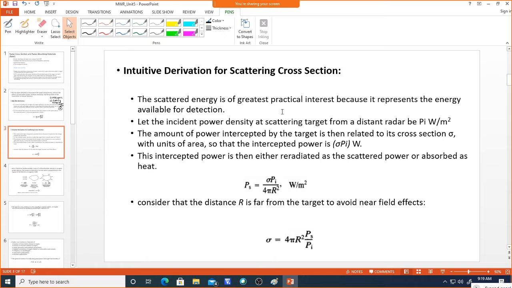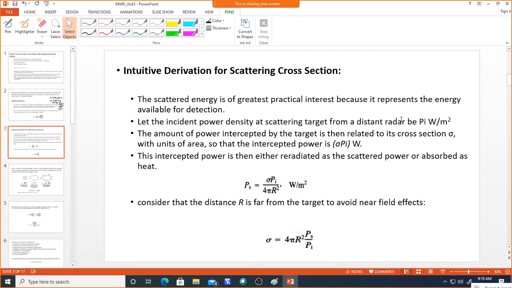Whatever energy is reflected or scattered by the target, only that is available for detection. Based on that scattered energy we will detect the target specification.